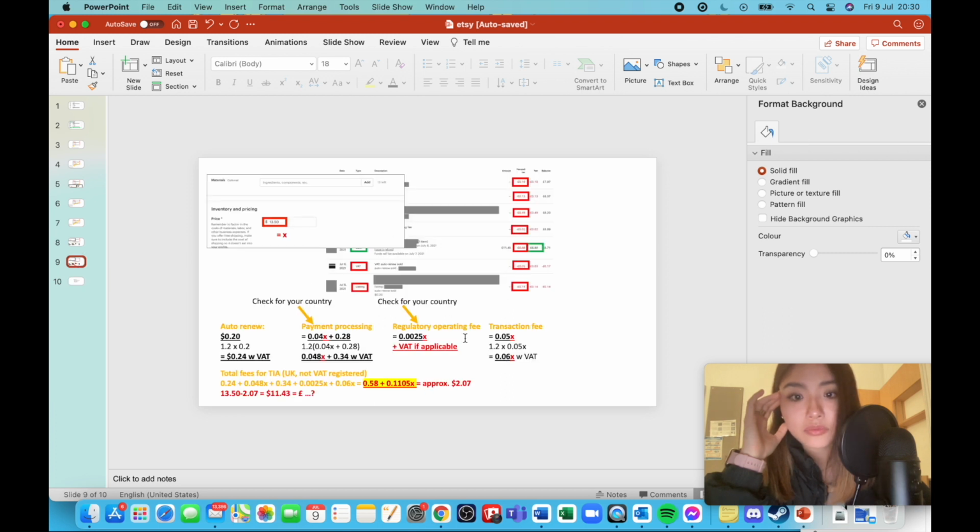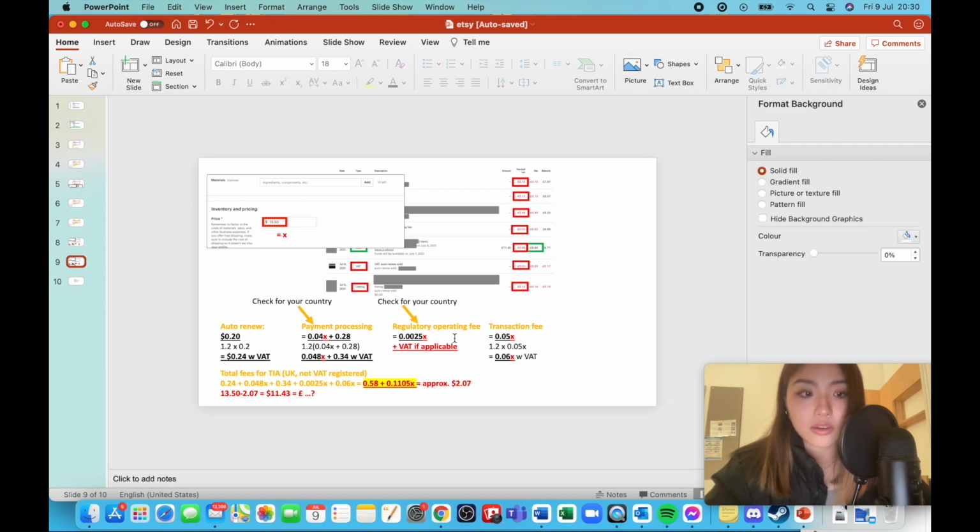So these are the fees that you've got to pay for selling on Etsy. So yeah, hopefully that was useful. I'll link all the pages for the fees so you can check them for your country down in the description. Hopefully that cleared everything up. I know it's confusing because they just literally say payment processing, regulatory, transaction.